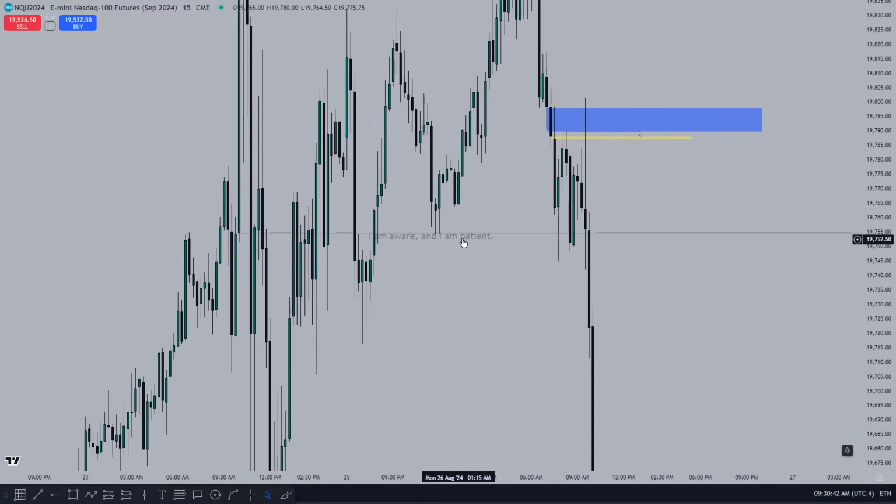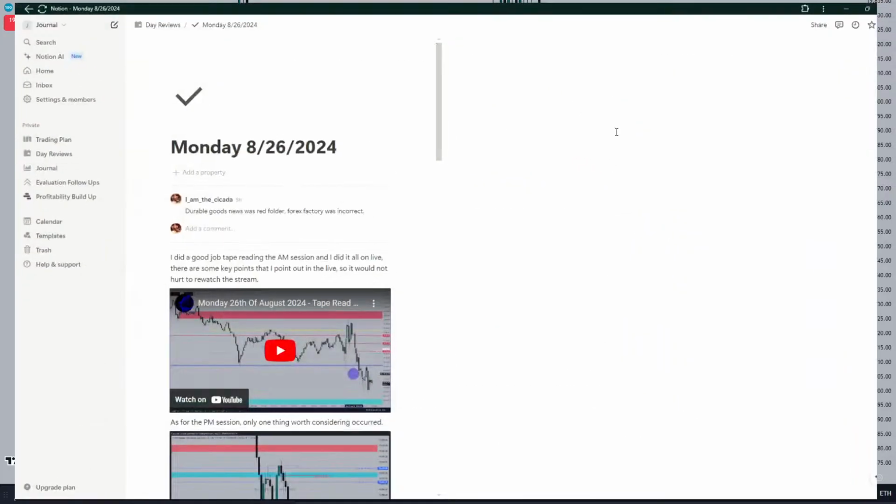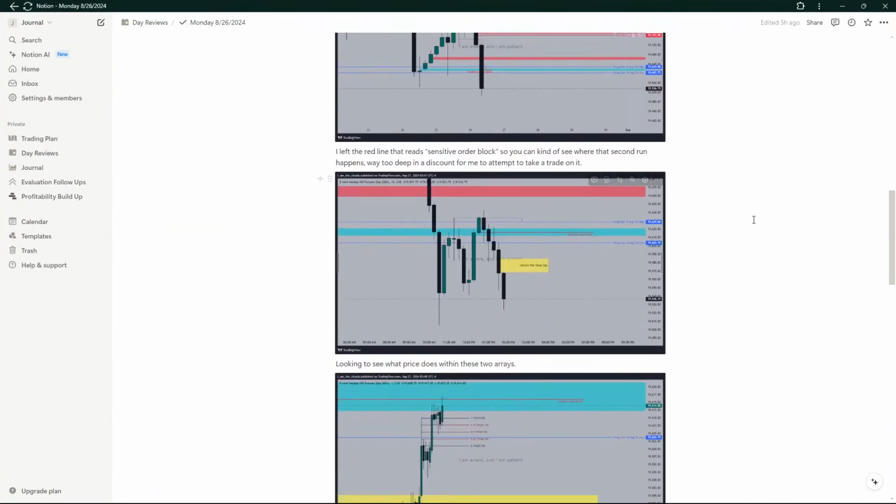Market shift through this. I think I have an explanation on Notion. Let me pull that up really quickly. I have a good screenshot, I'm going to show it live. I think you guys can see my Notion. Can everyone see my Notion?